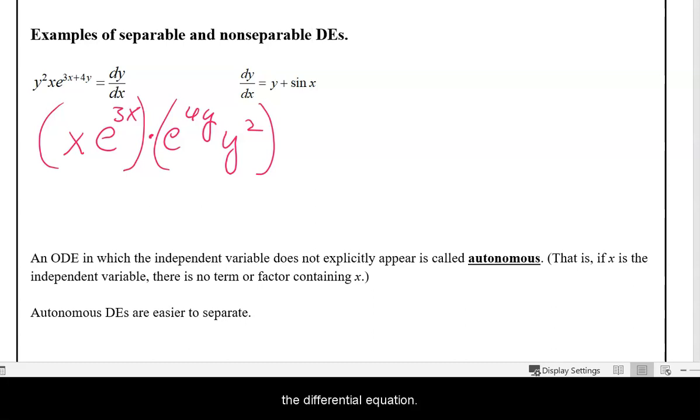Those types of differential equations are very easy to separate and are usually solved using this method. However, as you've seen in the example above, that is not required in order to use this technique. It's simply easier in that case.